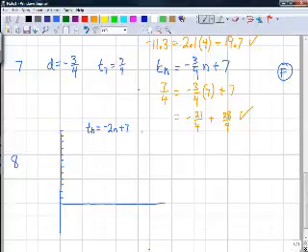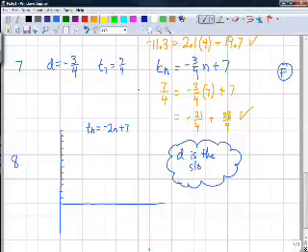Let's see if it works. Does it not? Maybe it is a typo. Definitely should be minus, shouldn't it? Let's call it that way. Let's say they made a typo.